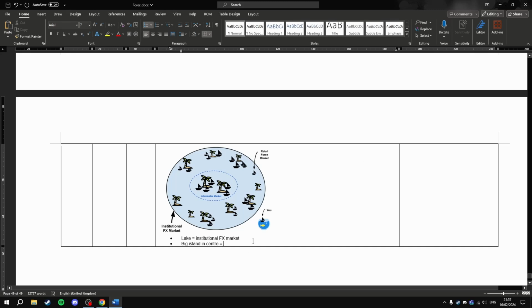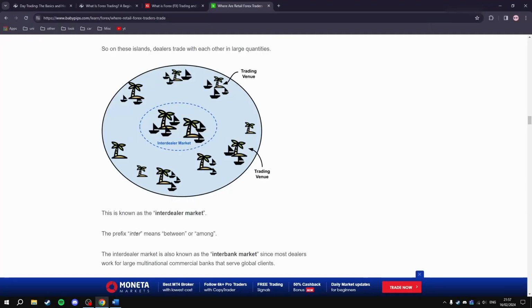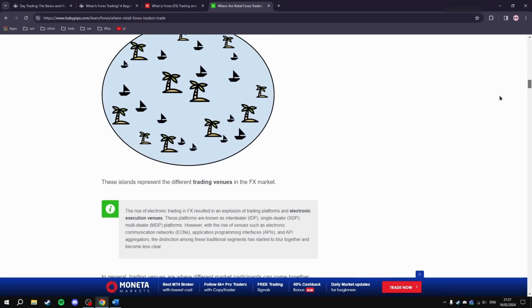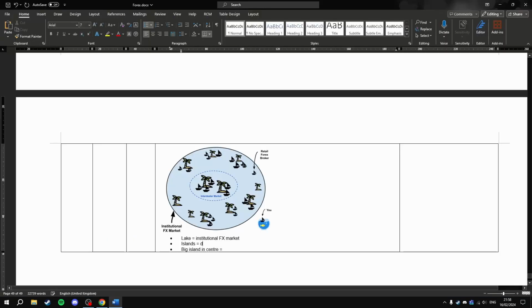Wait, let's just do individual islands. Islands equals different trading venues in the FX market.